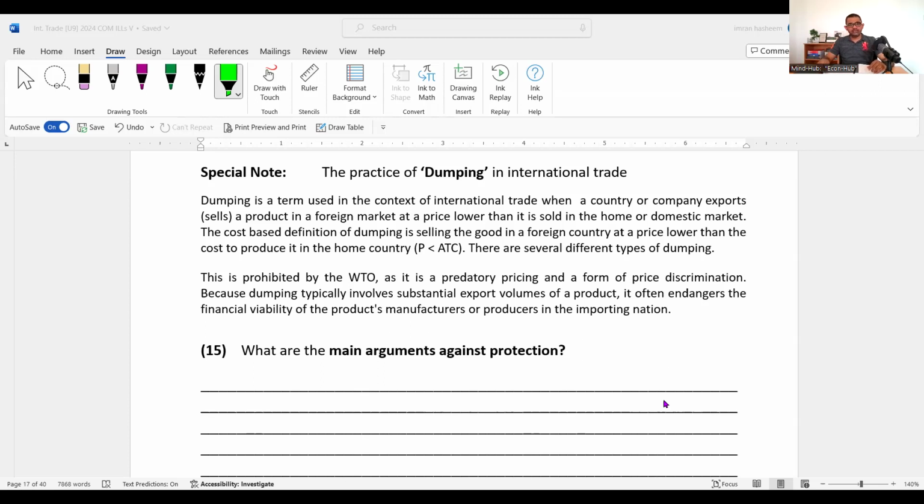Countries like China are famously known for practicing dumping in countries like ours, and especially in many African countries, they do this a lot. Now, they target countries where consumers have low income, and consumers will always value products being cheaper over the quality or the standards of the product.